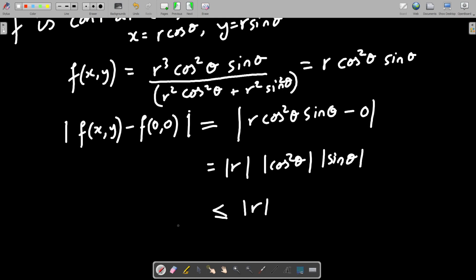So this will become less than or equal to r because these two quantities are less than 1. So you have to choose your r small enough such that this will become less than epsilon.